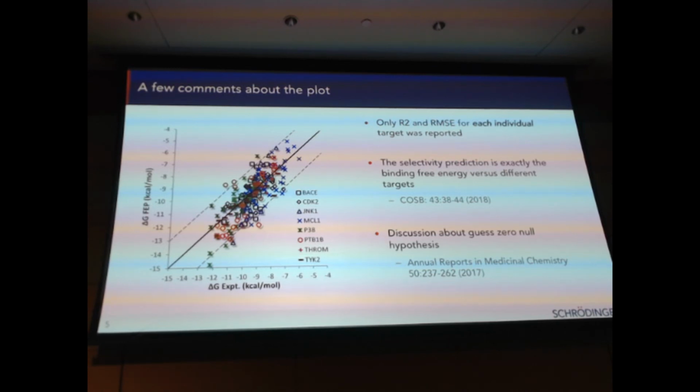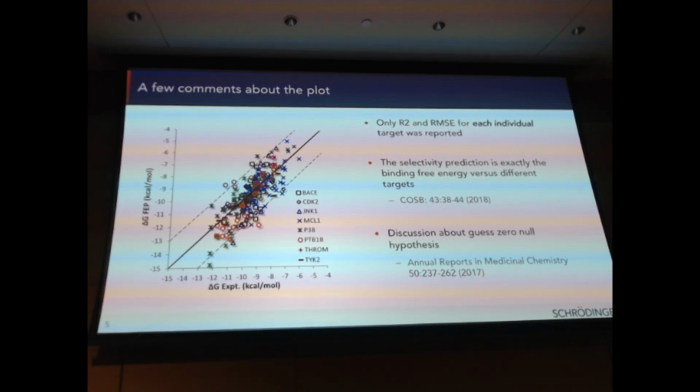First of all, I agree the R squared value of all the points from all different targets is misleading, because that depends on the experimental information. However, we only reported R squared and RMSE for each individual target, which are statistically meaningful. Second, if we want to do selectivity, all you want is the binding affinity on different targets, which is similar to what we plot here.